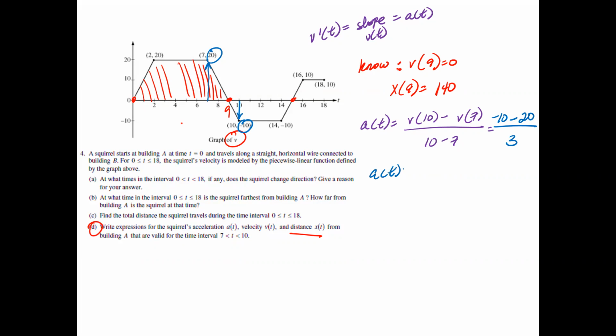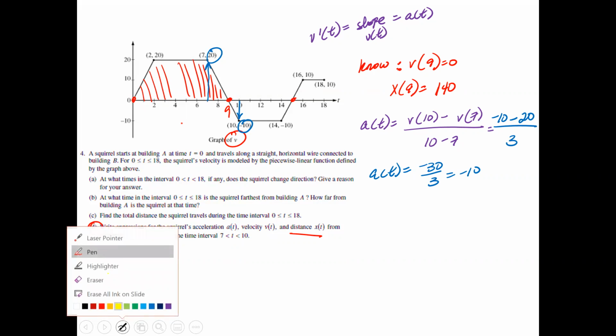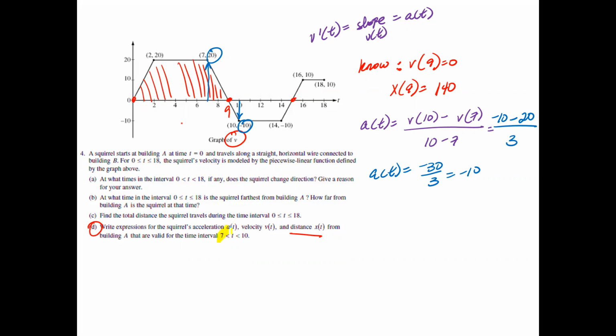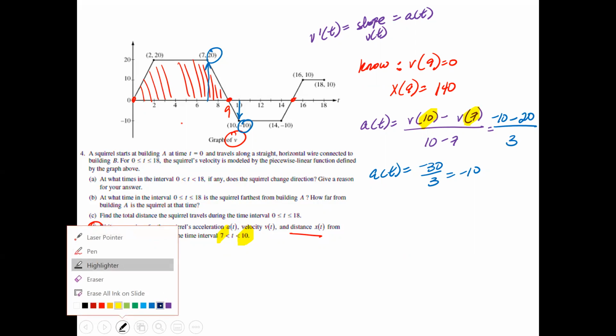So then a of t is equal to negative 30 over 3, which is negative 10. We specifically picked those 2 points because it's between 7 and 10, so it makes sense to use those 2 points.